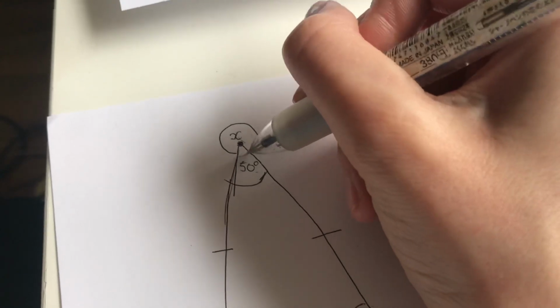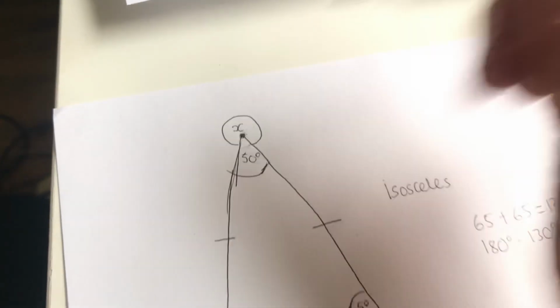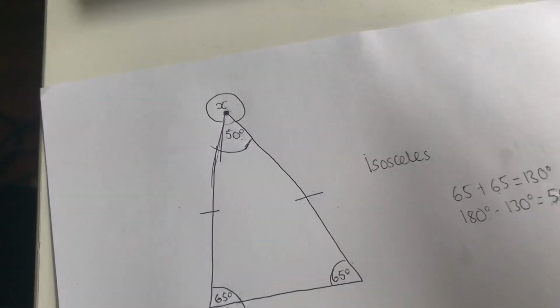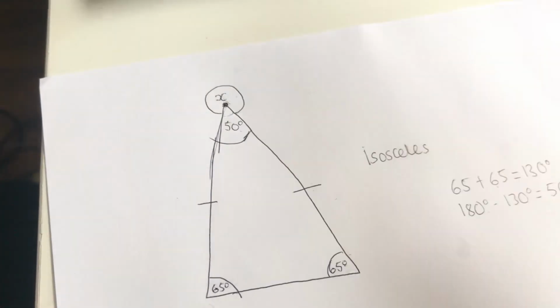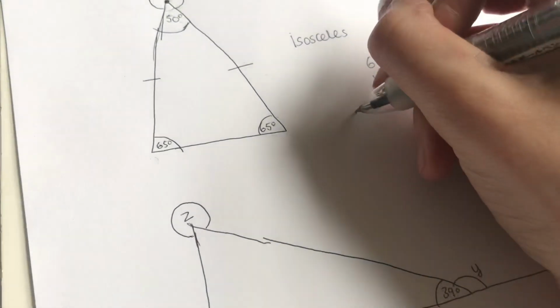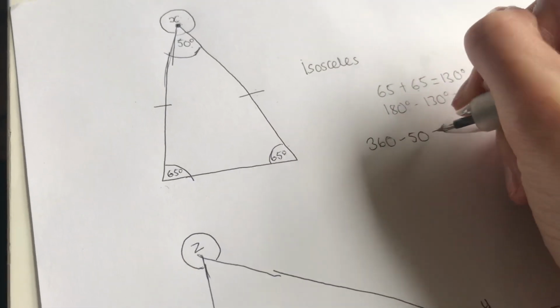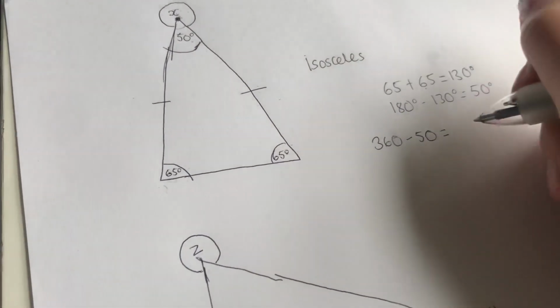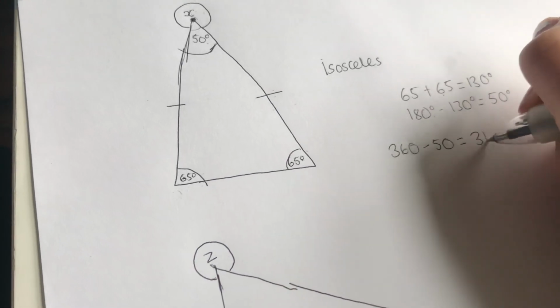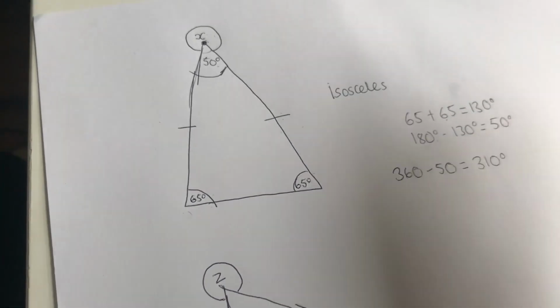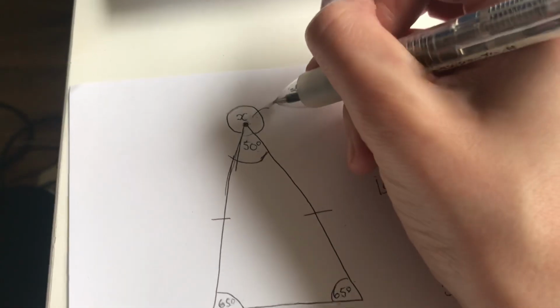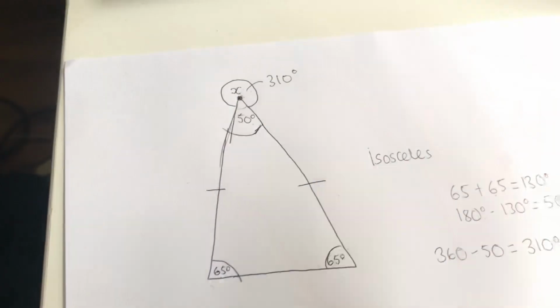There's one angle that we know is 50. So what is this angle up here? So if we know that this one plus this one is going to give us 360, we can do 360, take away 50, which leaves us with, well, we can do that one nice mentally, can't we? So 310 degrees. So angle X up here is 310 degrees.